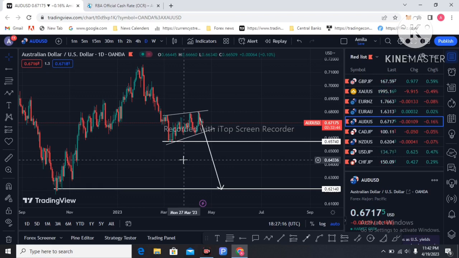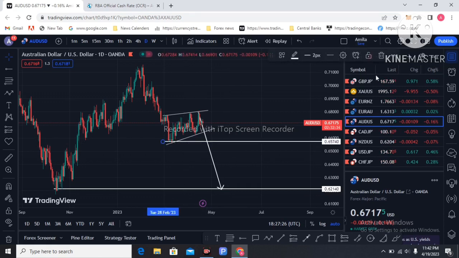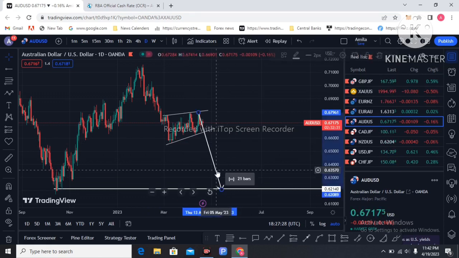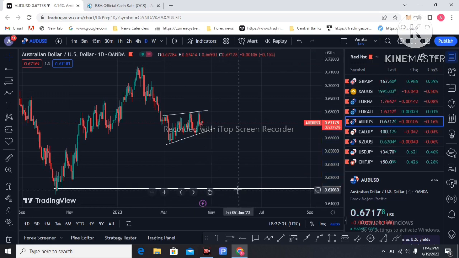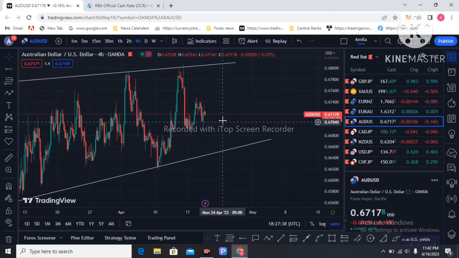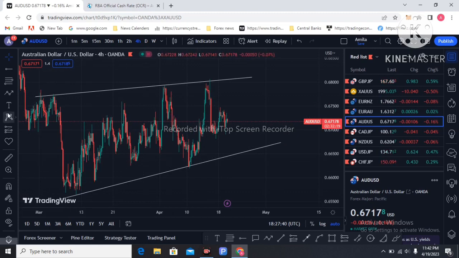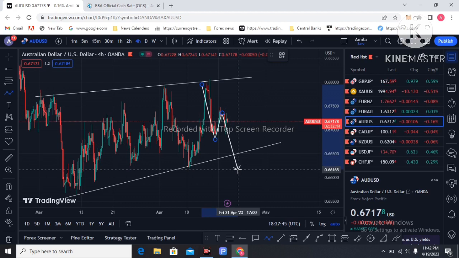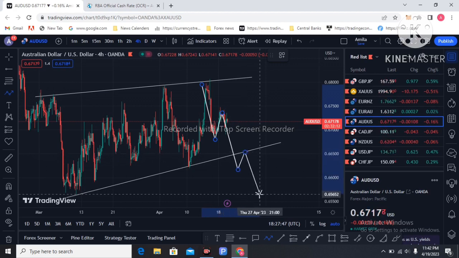That's the technical and economic view I am seeing on this pair. So you can get the sell trade technically on this pair. Now I would like to go to the 4-hour chart for more technical analysis. The price is in this range, and this is like a drop-base-drop. Price broke this trend line below and is going to the downside.